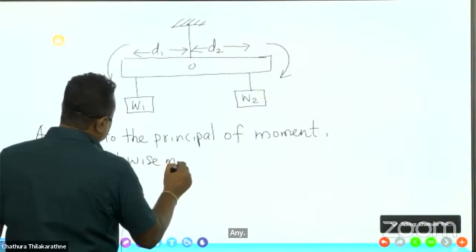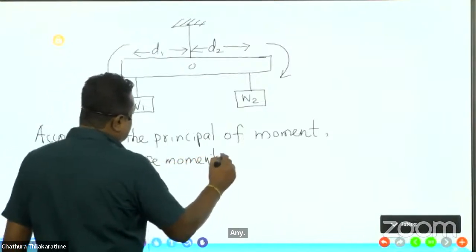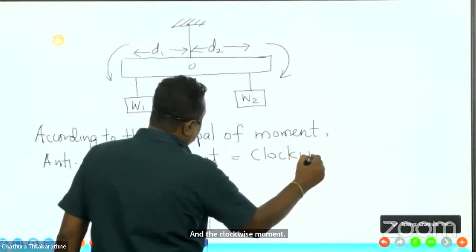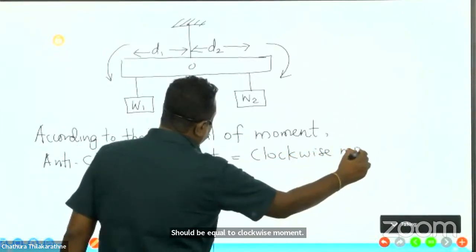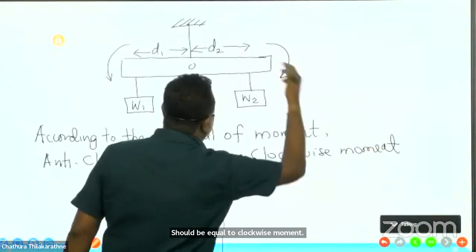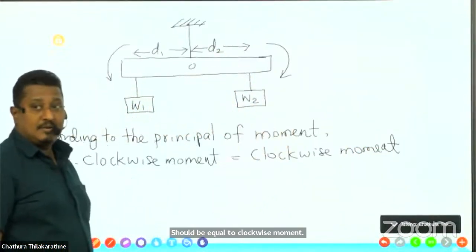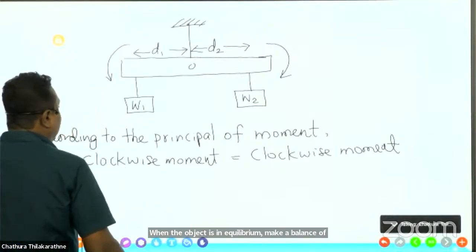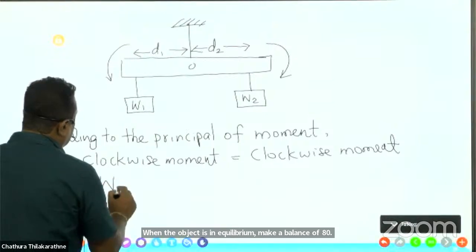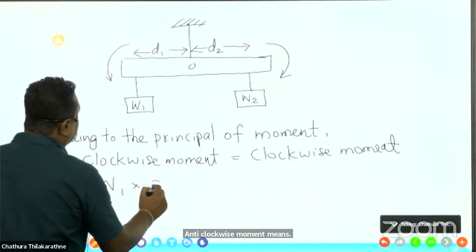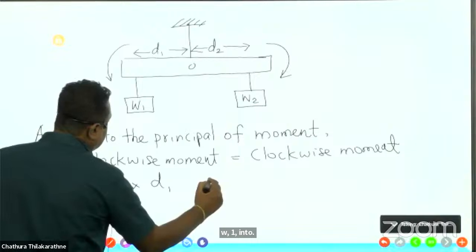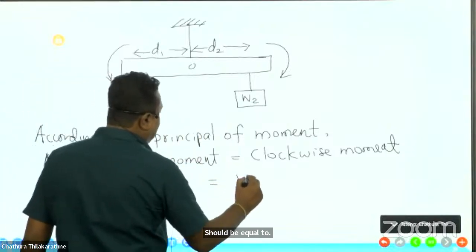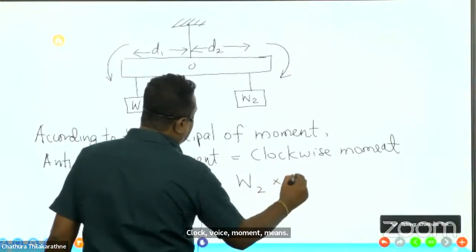The anti-clockwise moment should be equal to the clockwise moment when the object is in equilibrium, balanced. Anti-clockwise moment means W1 into D1, which should be equal to the clockwise moment, W2 into D2.